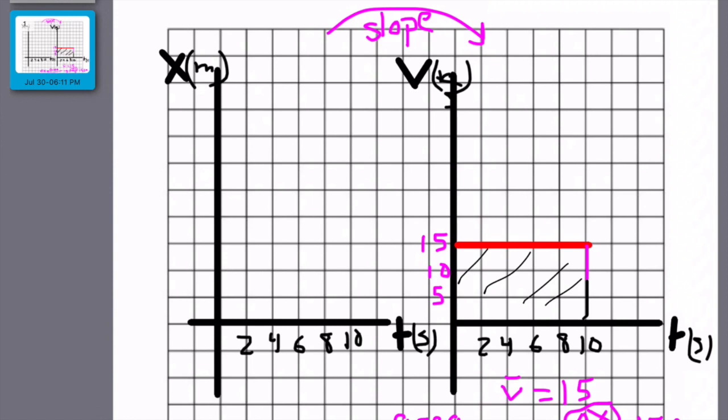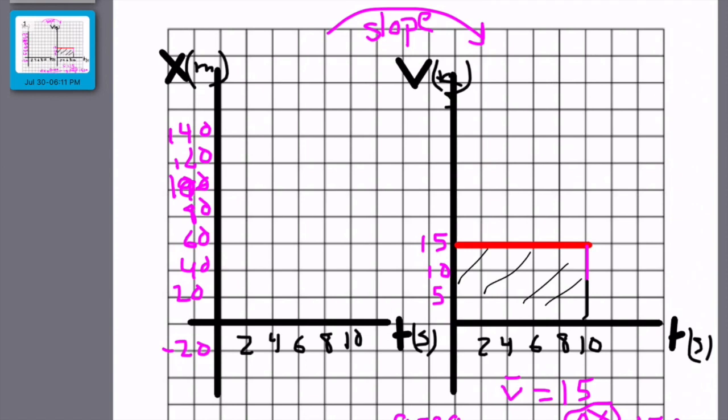So this could correspond to, it's a constant velocity, so let's do the position axis with 20, 40, 60, 80, 100, 120, 140.